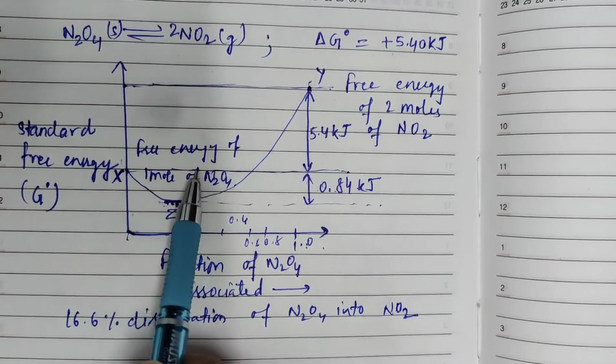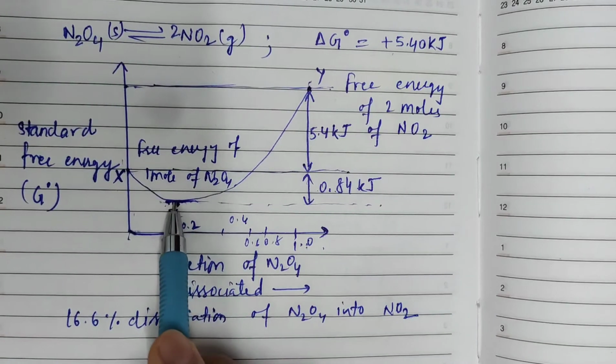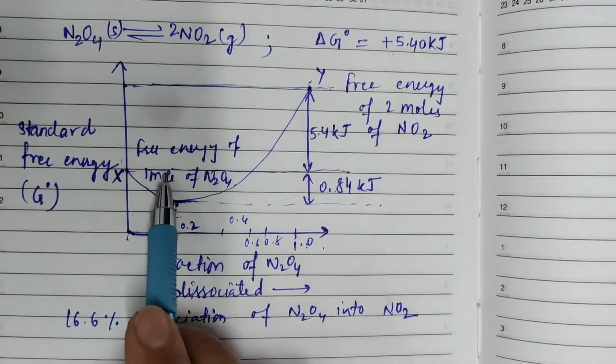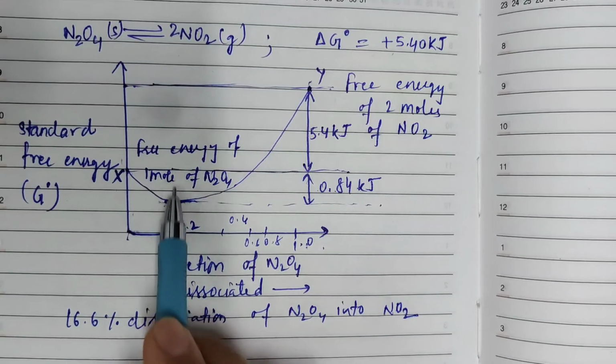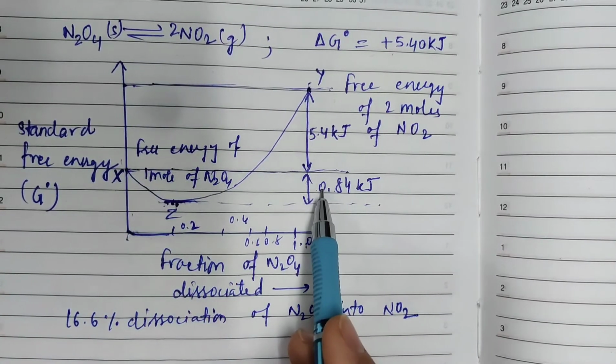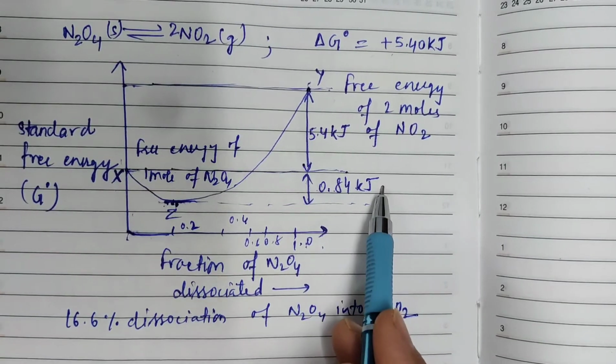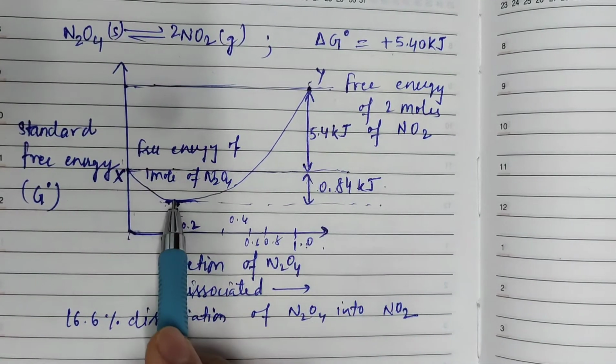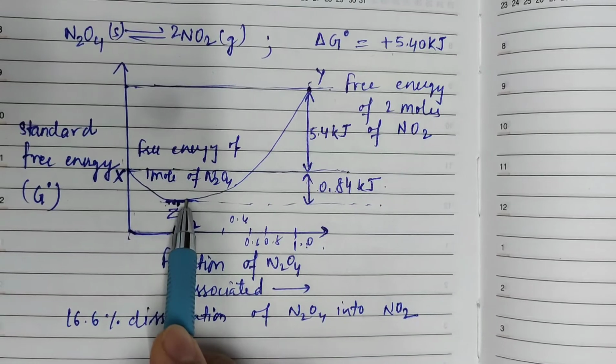We cannot measure the absolute value, so what I am telling you is the amount of free energy that is more than the equilibrium point. So at point X it is 0.84 kilojoule more than the free energy at point Z.